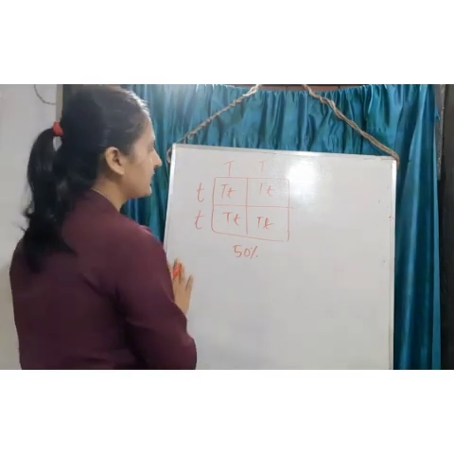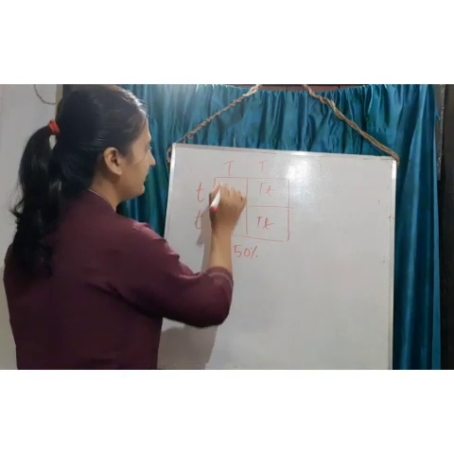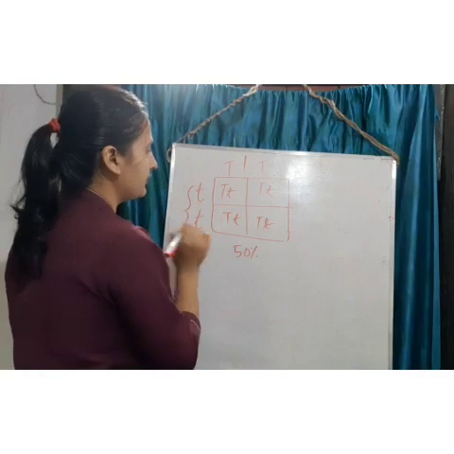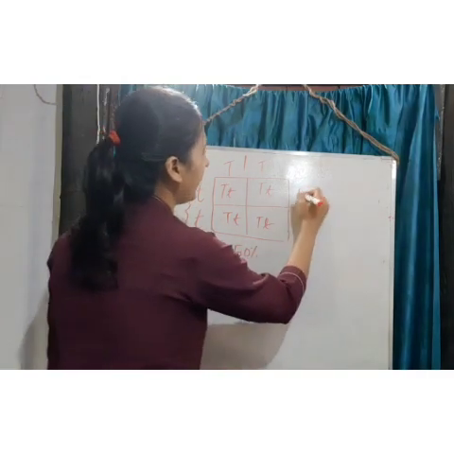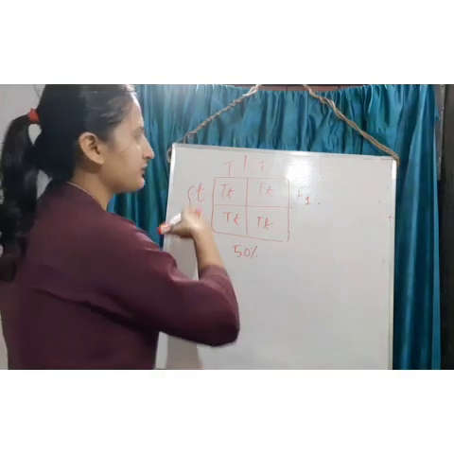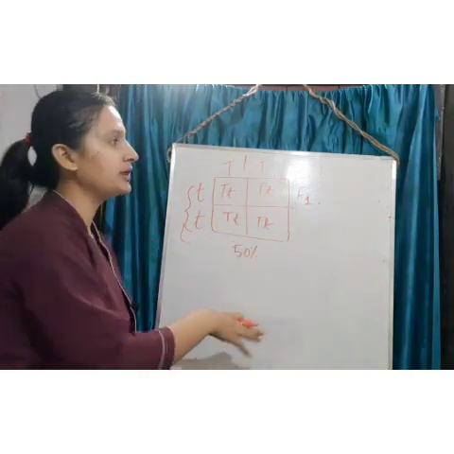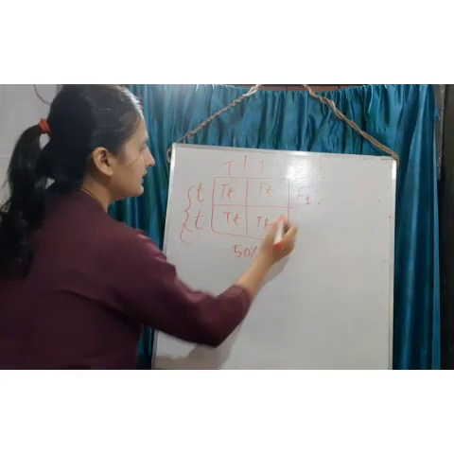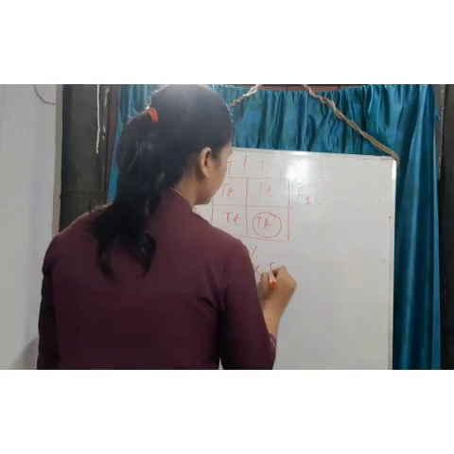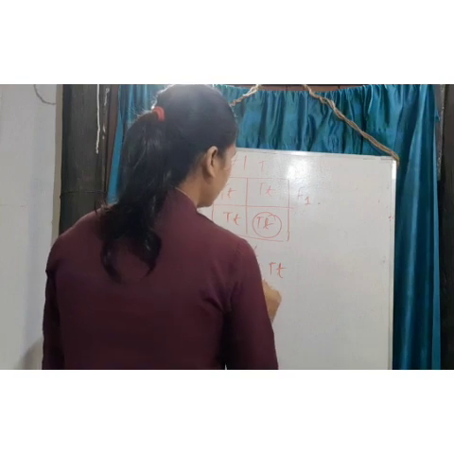So here the gametes came 50% from here and 50% from here. So this is your F1, first filial generation, the first monohybrid experiment. Then after that, again, this is self-pollinated, self-pollination.